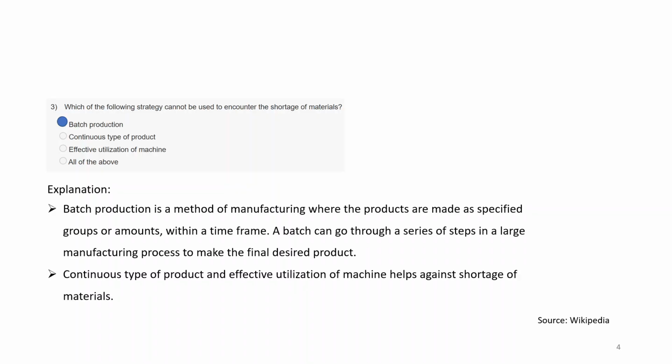A batch can go through a series of steps in a large manufacturing process to make the final desired product. While continuous type of product and effective utilization of machine help against shortage of materials.